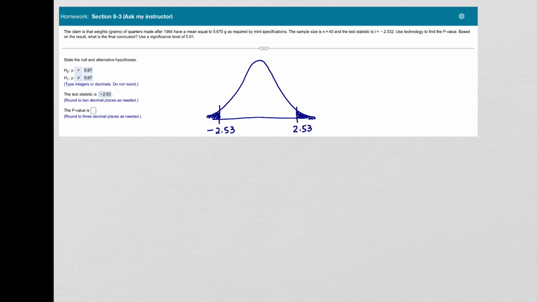So one way to calculate this, I think it's the easiest and most direct way, is instead of calculating those two separate areas, I'm going to find this center area, but then subtract that from 1. So 1 minus the center is going to give us the total p-value.